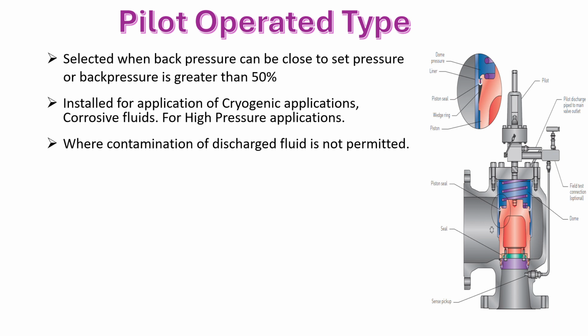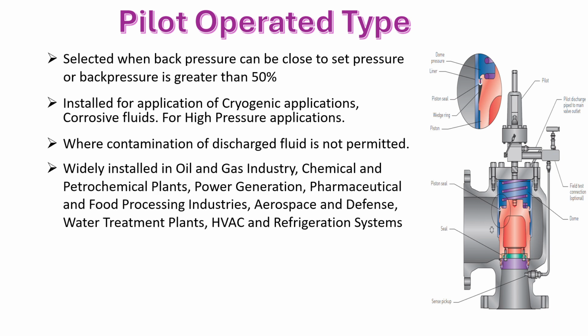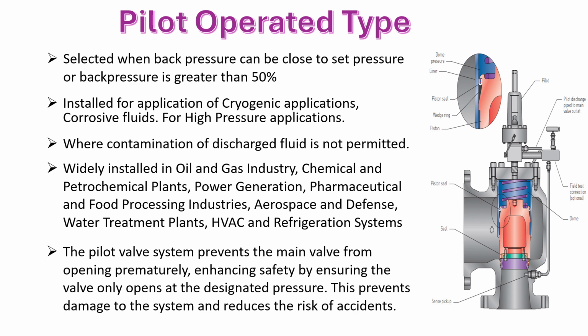There we use the pilot operated type safety valves, and it is widely installed in industries like oil and gas, chemical and petrochemical plants, power generation, pharmaceuticals and food processing industries, aerospace and defense, and wherever the high pressure safety valve requirement is there, we can go ahead with the pilot operated type safety valves. The pilot valve system prevents the main valve from opening prematurely.